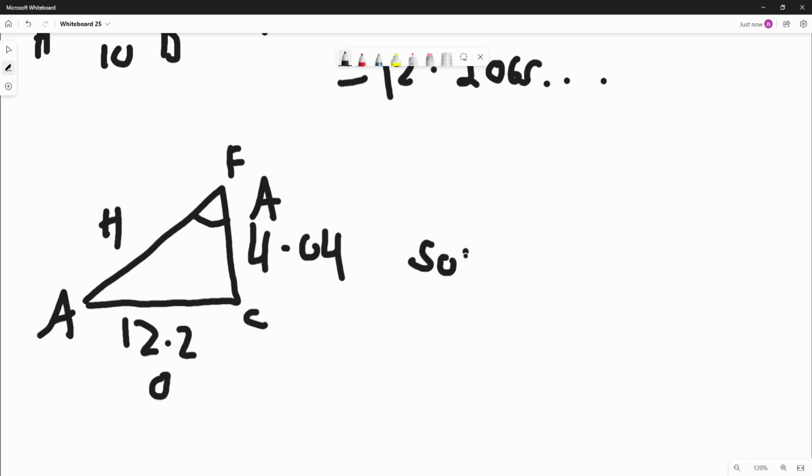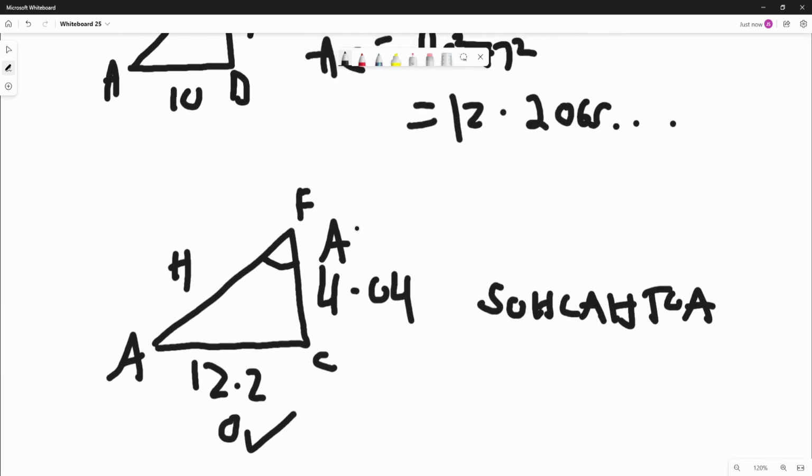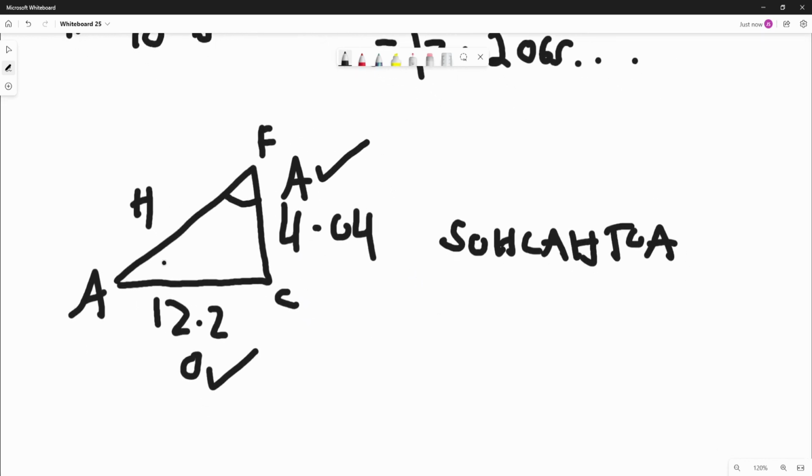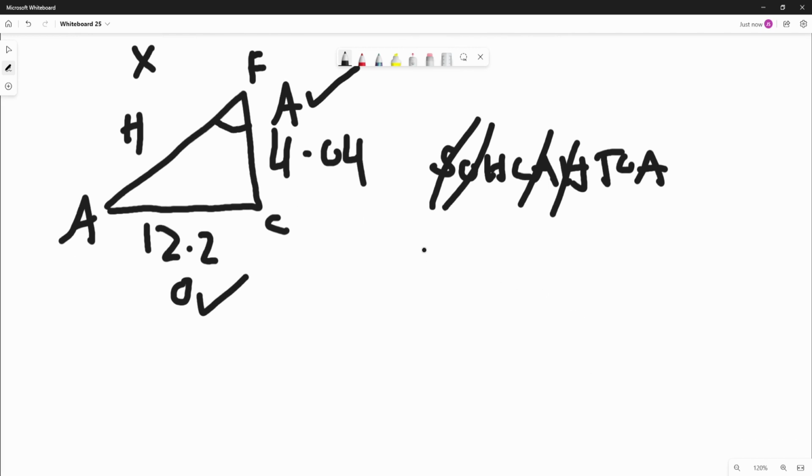So SOHCAHTOA again. What do we see? We have ourselves an opposite, that's good. What else do we have? We have ourselves an adjacent, but we don't have a hypotenuse. So anything with hypotenuse, get rid of it right away. So that goes away. And again, we're left with tan.